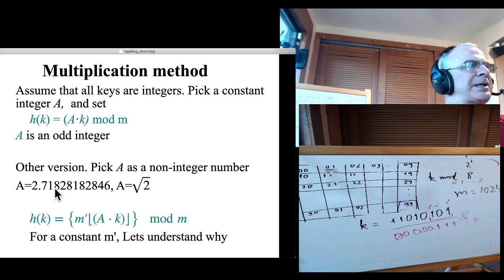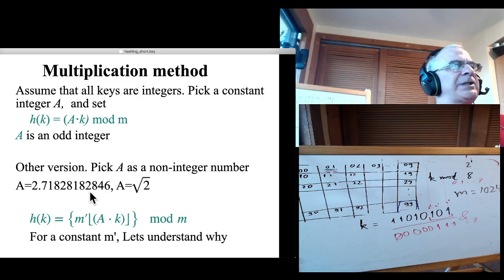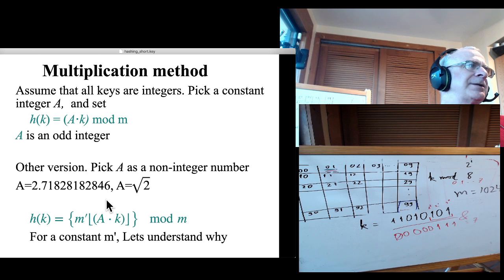Why did I multiply by this strange number? Because what I actually want is for each digit of the key to have some effect. Even the rightmost digit of the key, once you multiply it, the leftmost digit of the key, the most significant one, will have an effect because it will multiply by something far away from the decimal point.